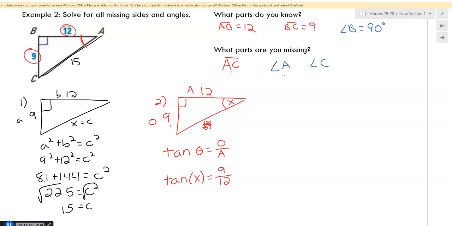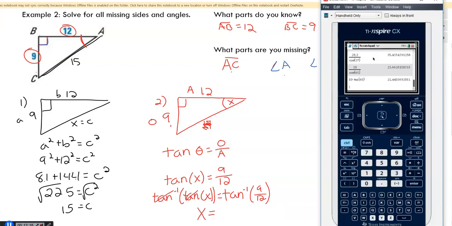Okay. To get rid of tangent, we just do the inverse tangent. Our tangents cancel out, and we're left with x equals whatever this is, right?